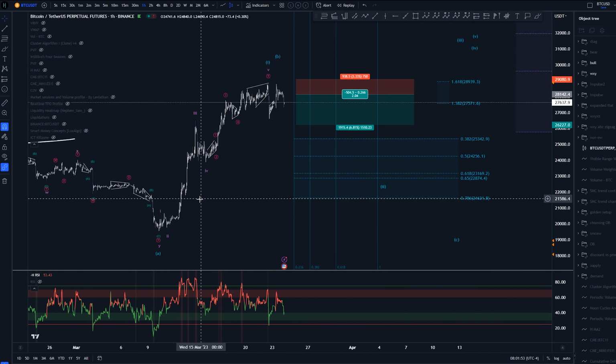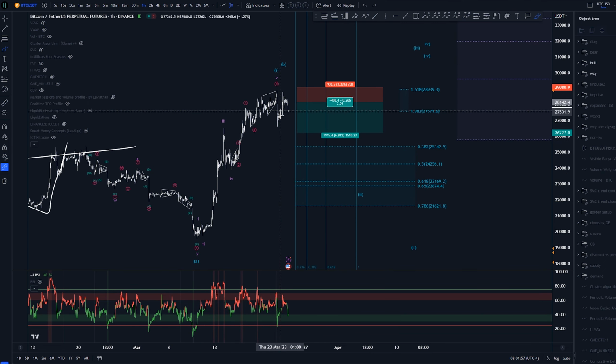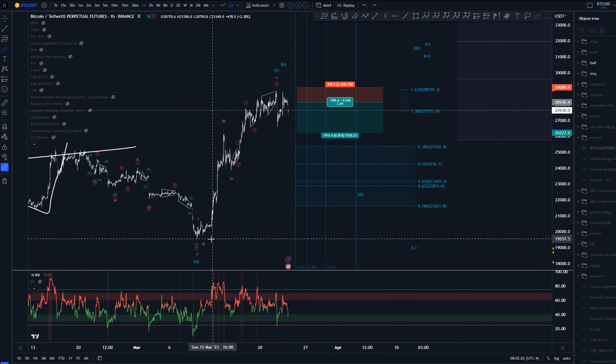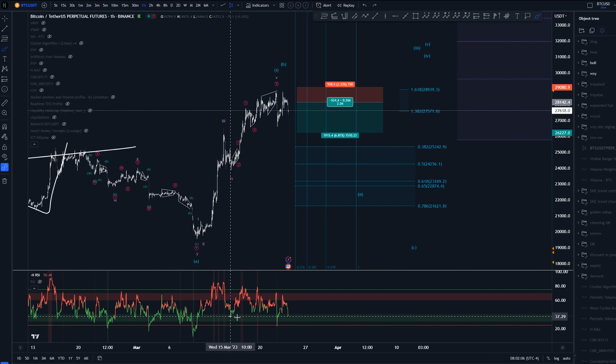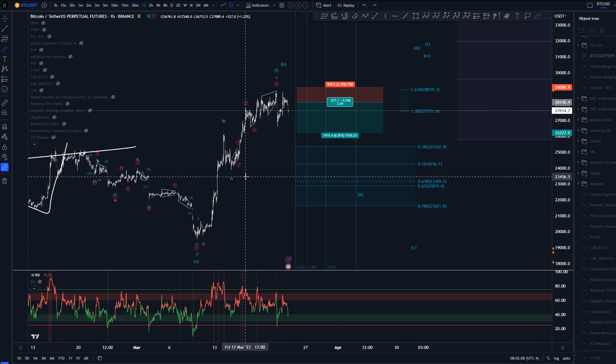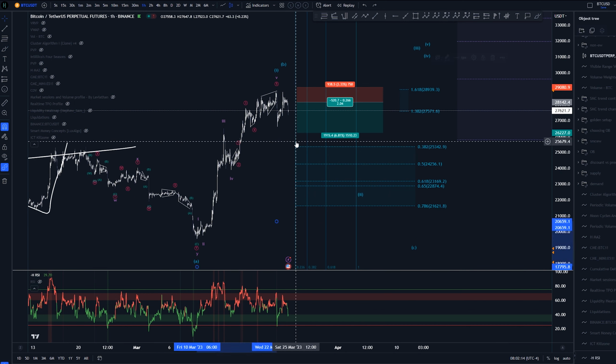Now, if we want to still be bullish and have this as a 5-wave structure completing, we would still be expecting this to come lower. I don't really see this being a possibility for a 1-2, 1-2 based on RSI here, having these divergences in place. It just doesn't make too much sense to me. Where I'm expecting this to come to is at least the 23.6.